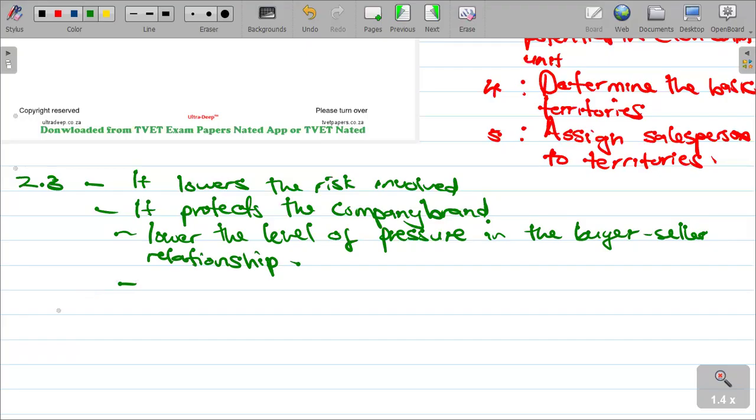And lastly, it maintains competitiveness.